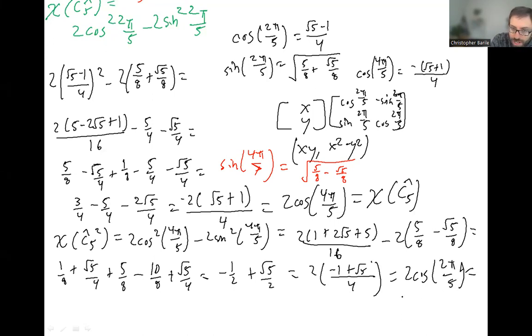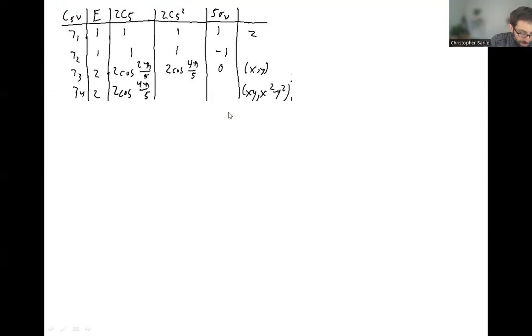And that is our chi for our C5 squared operation simplified. So now we can go back to what we wrote, and we can fill that in to our character table: 2 cosine 2 pi over 5. So interestingly, these terms just flip-flop, and all the math is going to work out.